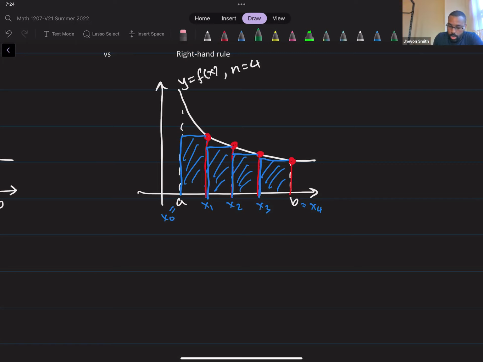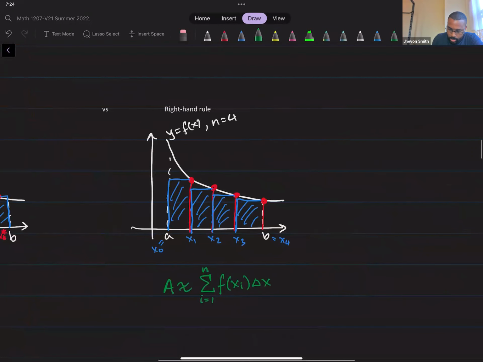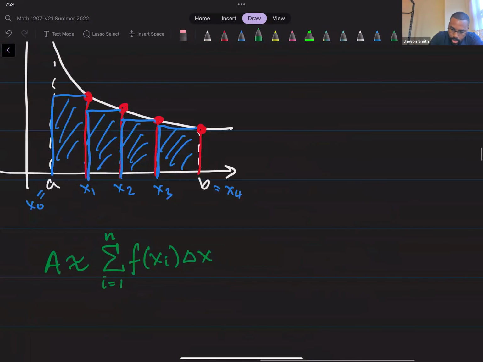And so here I can say my area is going to be me summing up, i goes from 1 up to n instead of from 0 up to n minus 1, because here I'm looking at the right side, of f of xi times delta x. So this is like the height and width of the rectangles, right? This is the height.